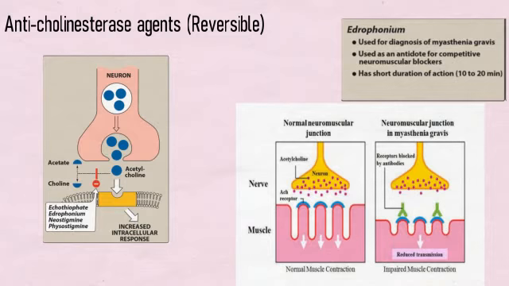This causes damage of these receptors, and due to their degradation, few receptors are available for acetylcholine to interact with, and ultimately there will be impaired muscle contraction.